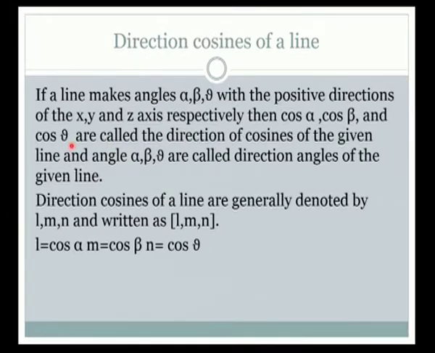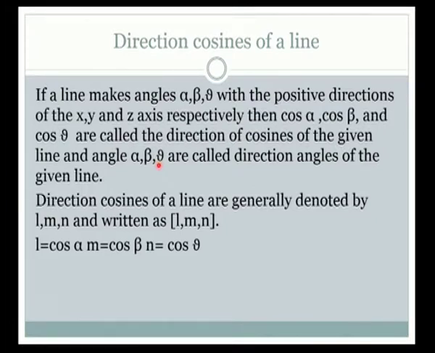So, these three are called direction cosines of a line, and the angles alpha, beta, gamma, that is angle made by the line with the x axis, angle made by the line with y axis, angle made by the line with z axis, are called direction angles of the given line.